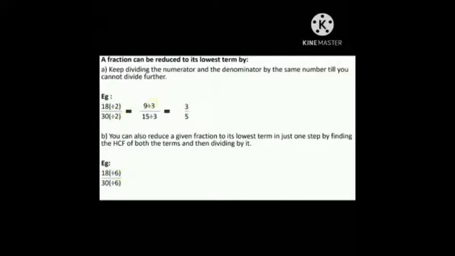So both numbers we will divide by 6. So 18 will divide by 6 and 30 will also divide by 6. So we will get here the answer: 6 3s are 18, and 6 5s are 30. So you can see here you will get the same answer.